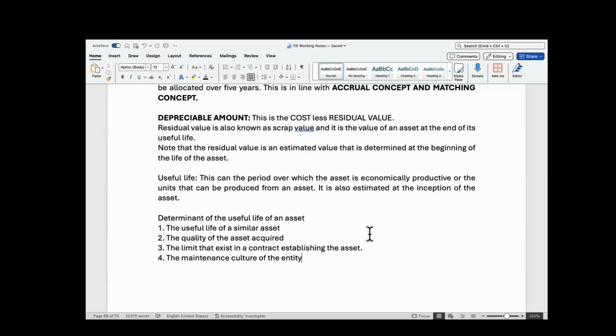So, and there are other elements, other items that can determine how long an asset can live. So that's majorly useful life of an asset.